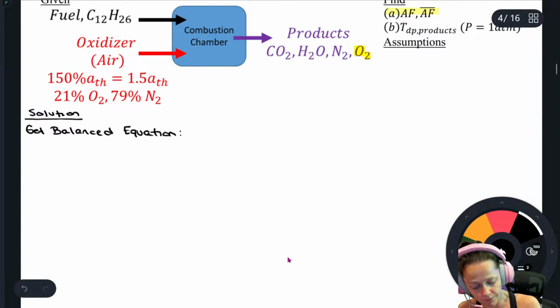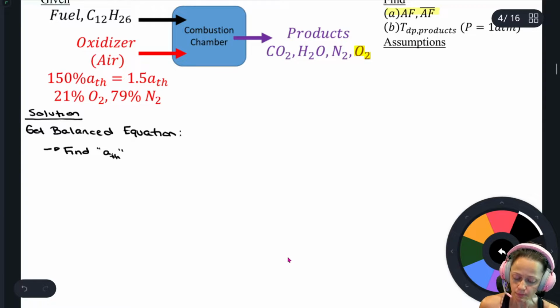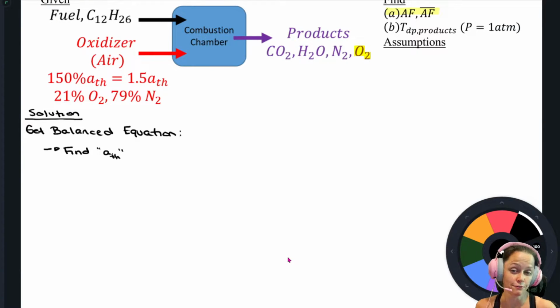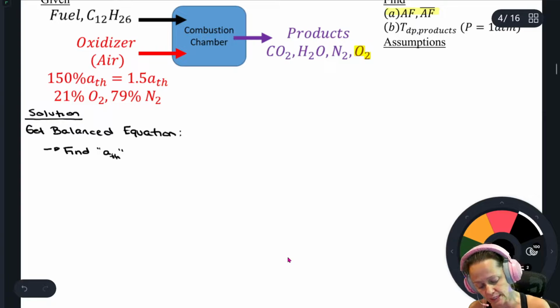First things first, I've got to find ATH, because I've got 150% theoretical air, but I don't know what that theoretical air is. So I need to balance the equation with just that stoichiometric amount of air and figure out what ATH is.